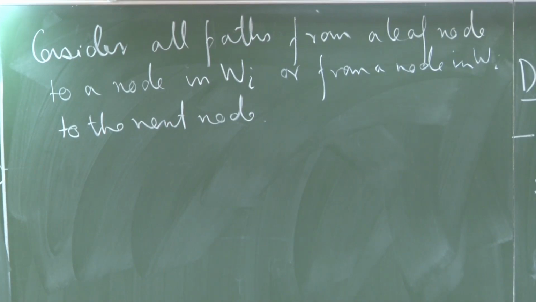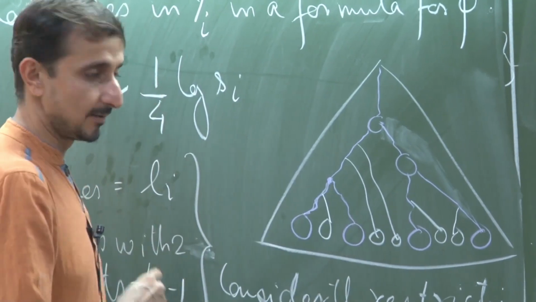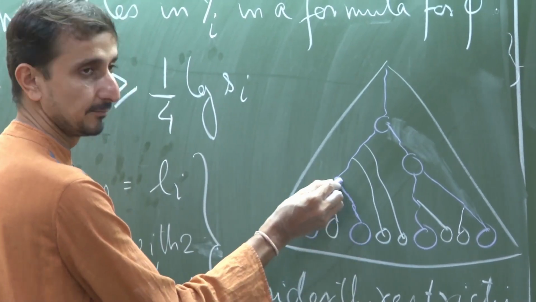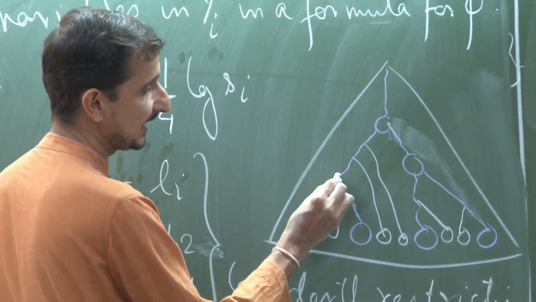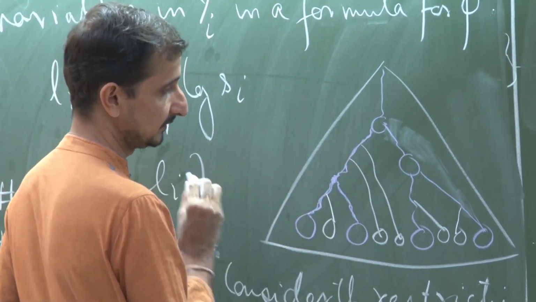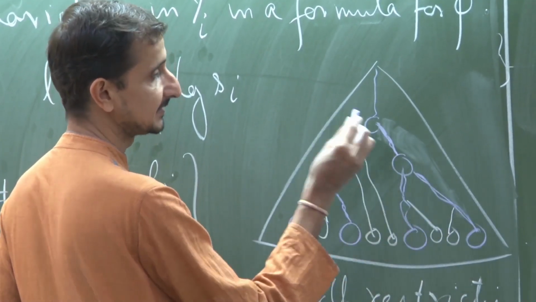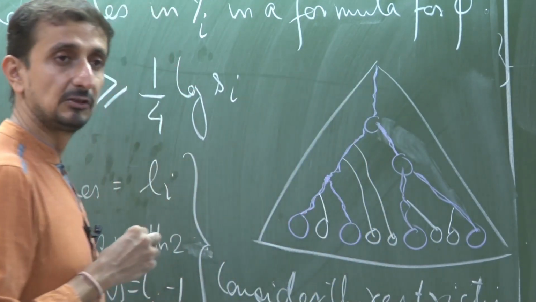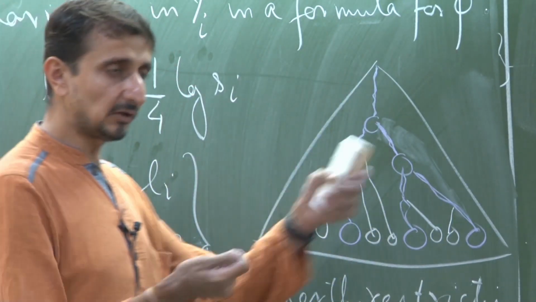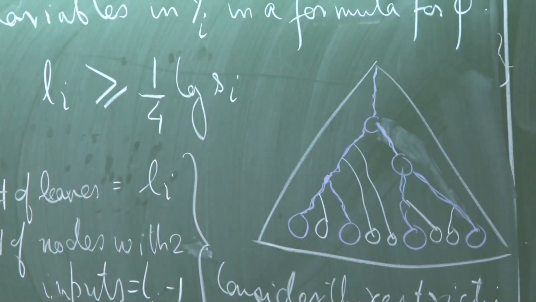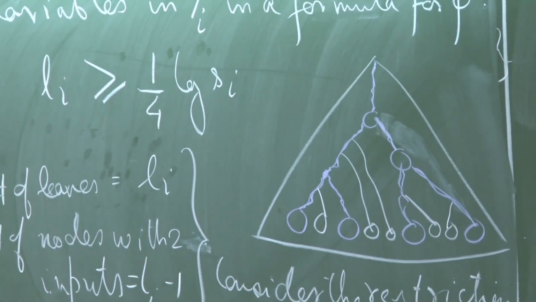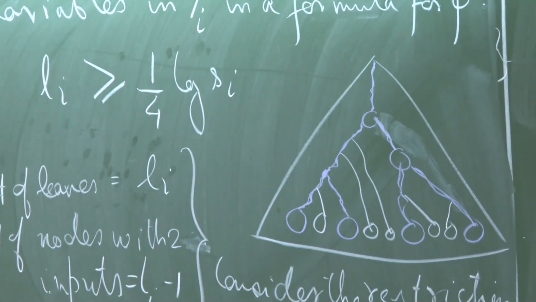Here I have a path from a leaf node to a node in wi. So, this is one path. Here I have another path, second. Here I have another path from here to here, third, fourth, fifth, sixth and seventh over here. Look at all these paths that are present in this subtree. How many such paths are there?